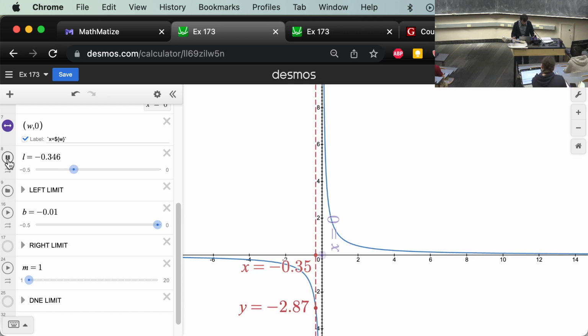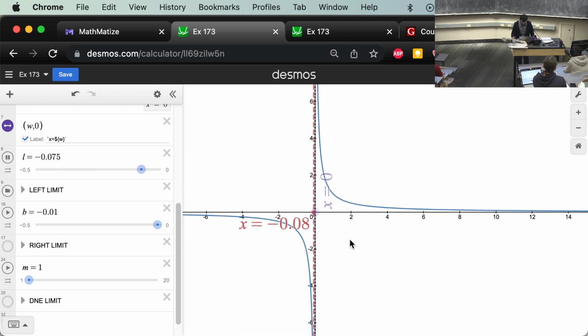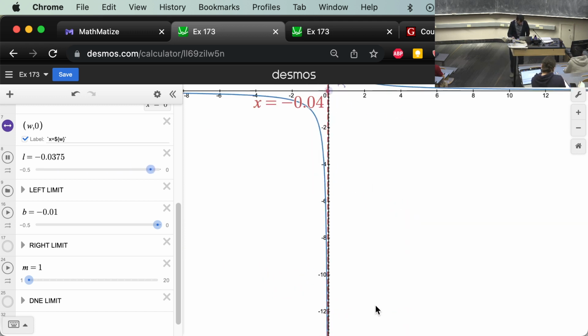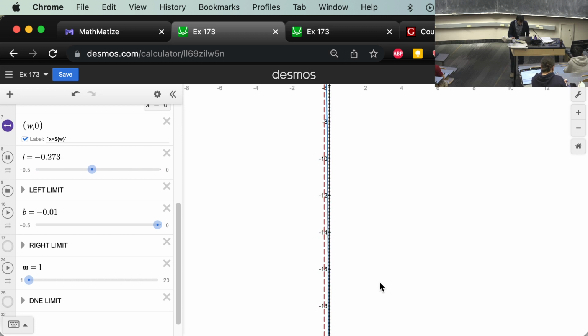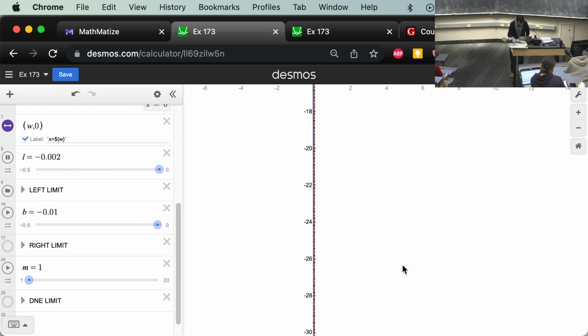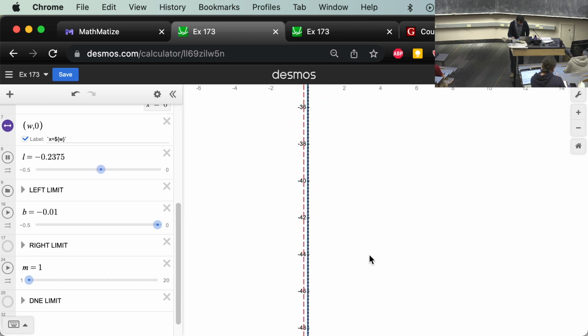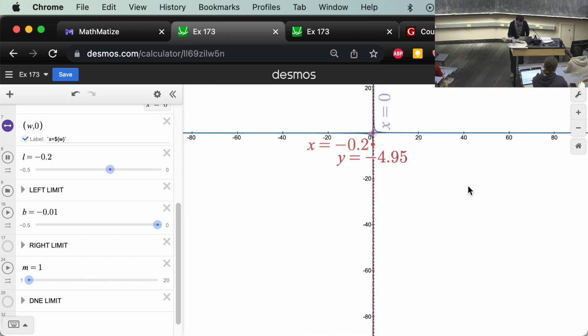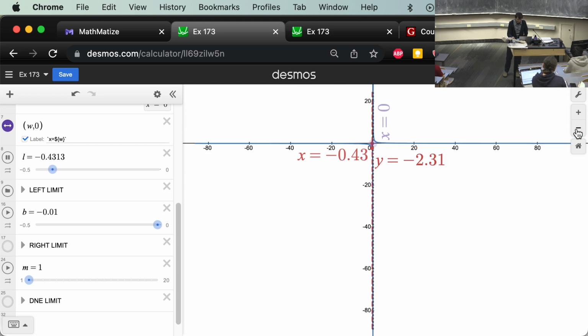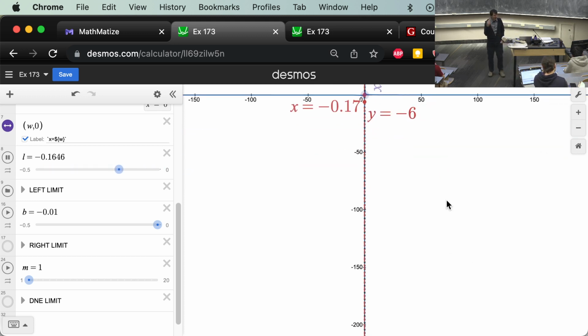They go down. The y values are going down, down, down. Like we can sort of watch them fall off a cliff. I can try to catch them, but it's hard because they go pretty fast. Here they go. Oh, they zip by us. So the y values are shooting off down this cliff, and they're getting more and more negative forever. The y values are going to minus infinity.